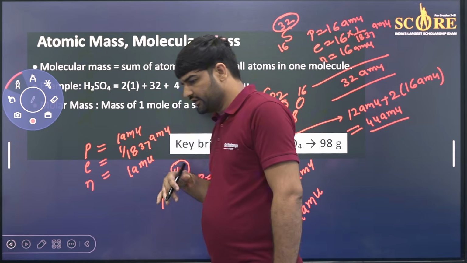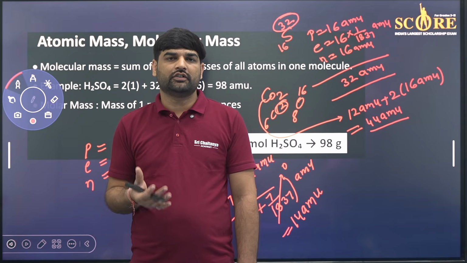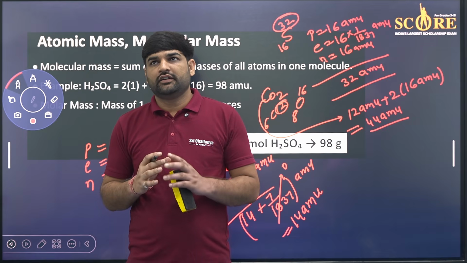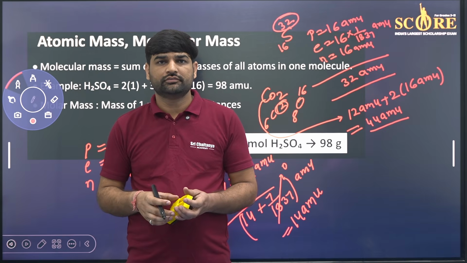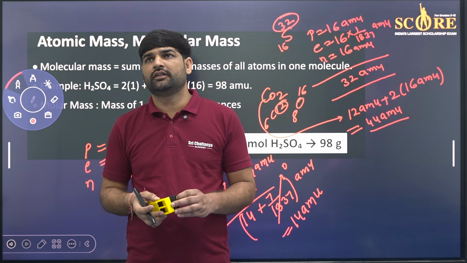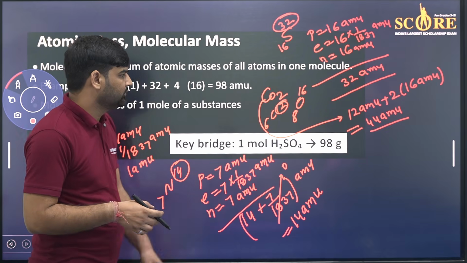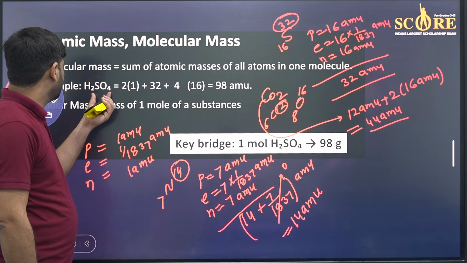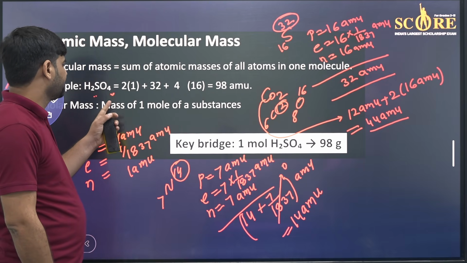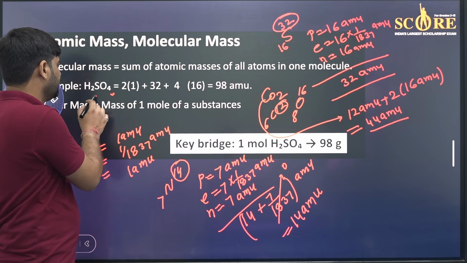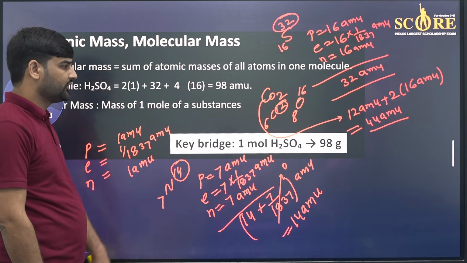So we can understand the basic meaning of atomic mass and molecular mass. It means we can say the mass of an atom in amu is the atomic mass, and the mass of a molecule is the molecular mass. Now there is an example also, H2SO4. We have to calculate the molecular mass of H2SO4.